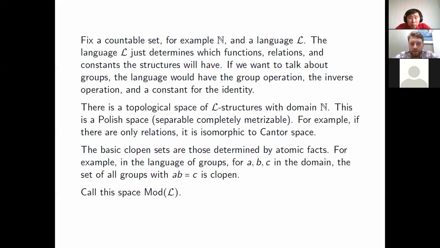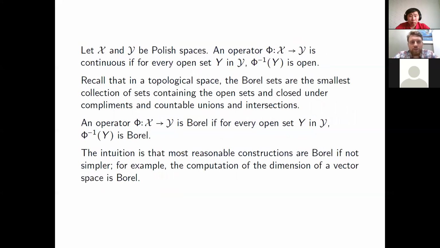And the basic clopen sets are determined by atomic facts, right? So if I think about the language of groups, I get a clopen set by saying all of the groups with ab equals c. So every group with ab equals c gives me a clopen set. And this topological space is called the models of L, the models of my language. Okay, so I've got a topological space of objects.